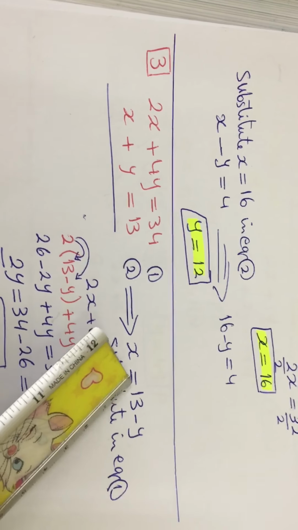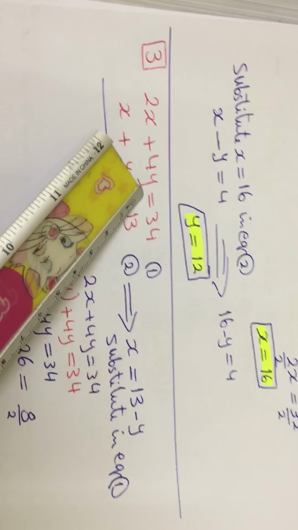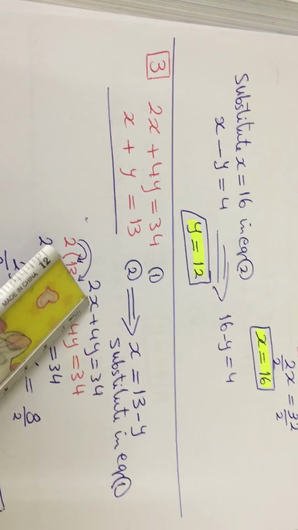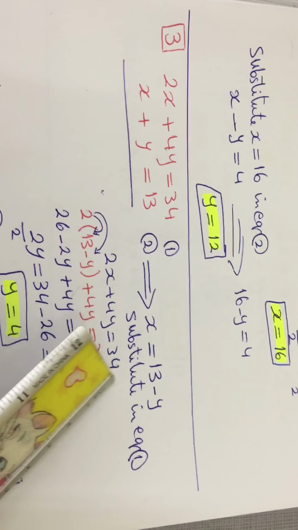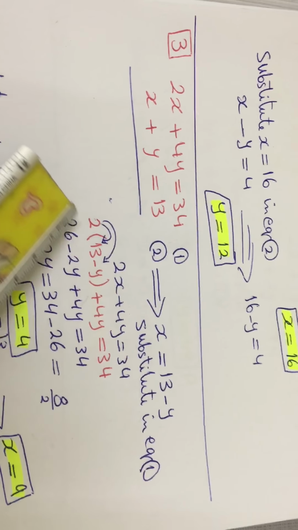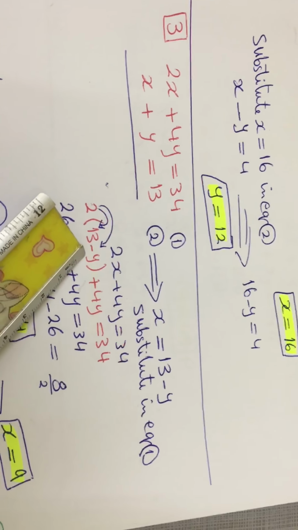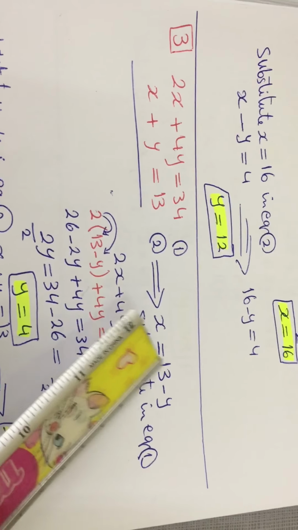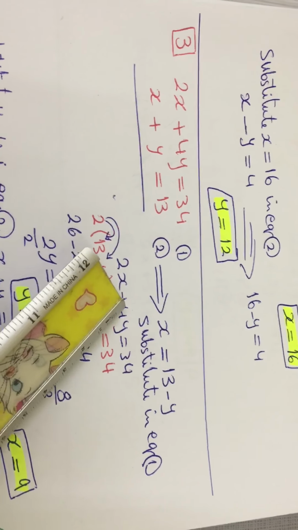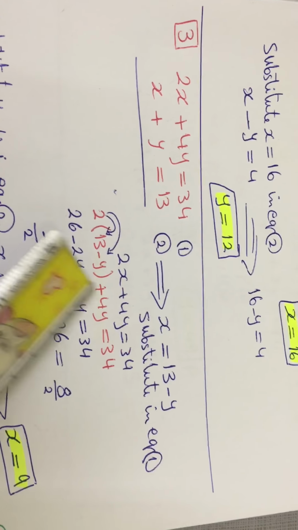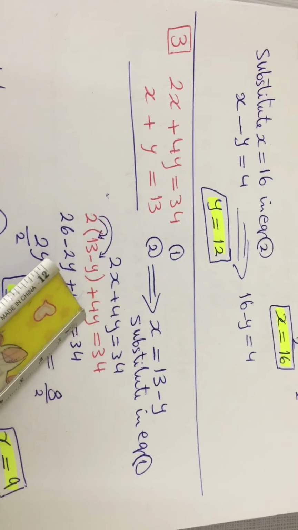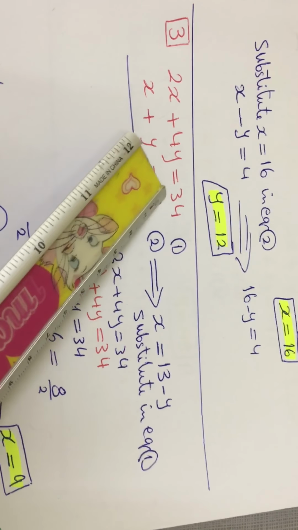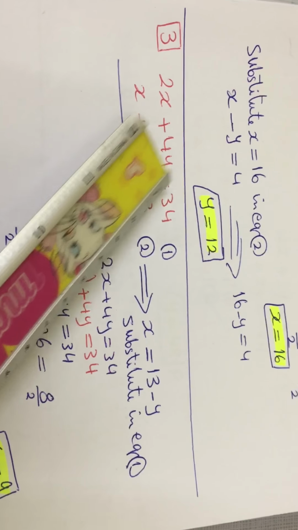I'll take the value of x and substitute x equals 13 minus y in equation 1. Equation 1 is 2x plus 4y equals 34. This is 2, and open brackets, the value of x is 13 minus y, plus 4y equals 34, because I use equation 1 to substitute the value of x.